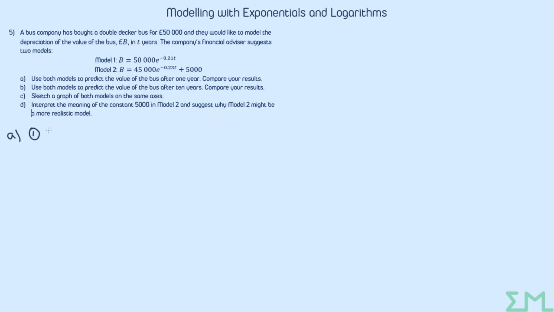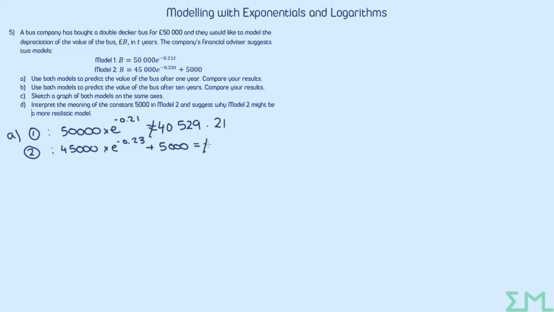Okay, so model 1 would be 50,000 times e to the minus 0.21, and model 2 would be 45,000 times e to the minus 0.23 plus 5,000. So let's pop this in our calculator and see what we get. So we get £40,529 and 21 pence for model 1.